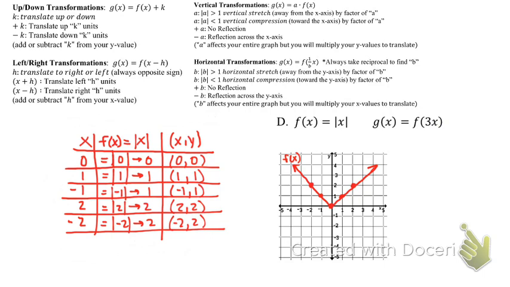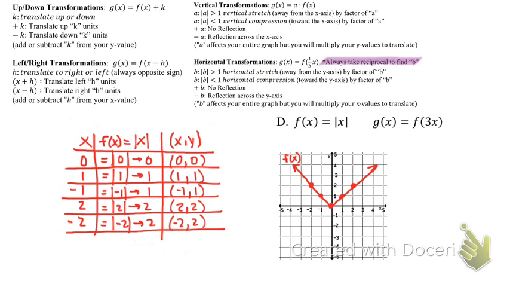Okay, so now my drawing is getting multiplied by 3, but what you'll notice is the 3 is inside parentheses. So now when we multiply inside parentheses, this is a horizontal stretch or compression. So the key here is we always want to use the reciprocal to get what I call the true B.